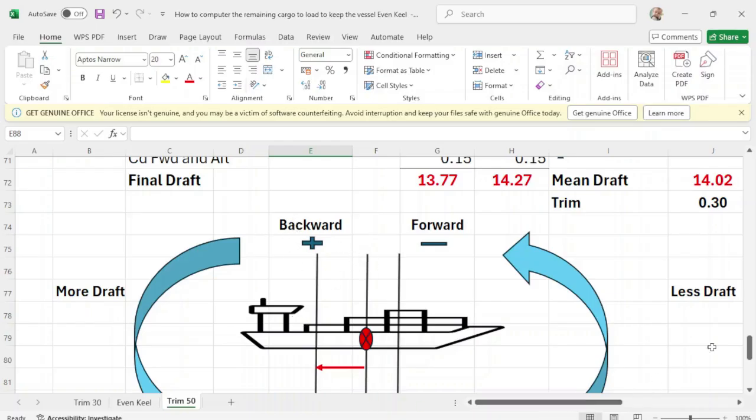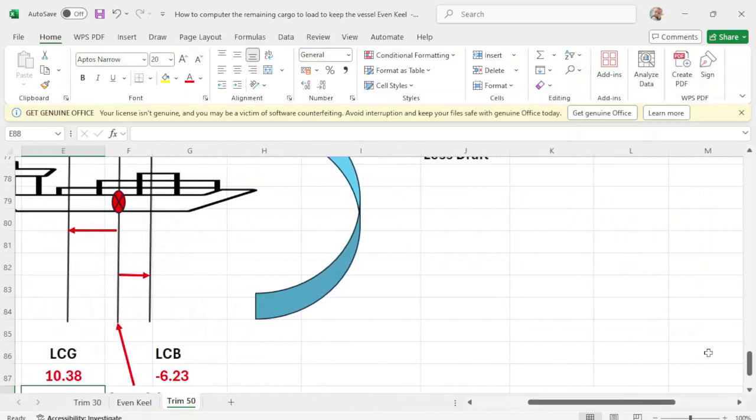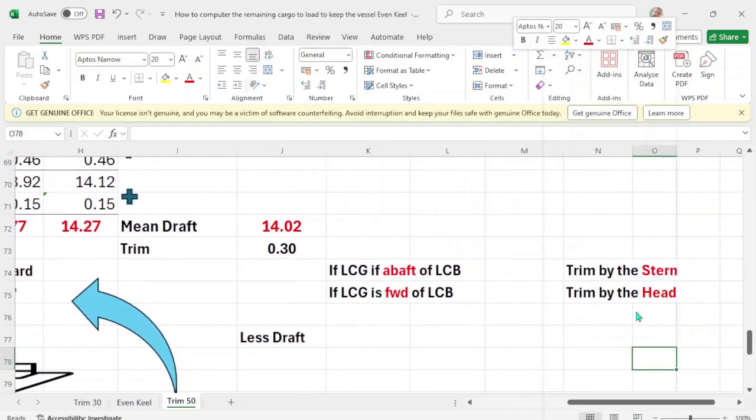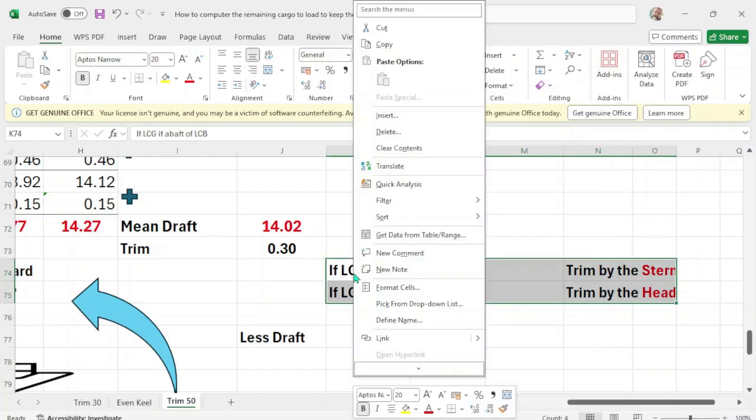So from amidship, you measure 10.38 backward, that will be your LCG. So if LCG is behind LCB, the rule says your trim should be trimmed by the stern. Okay, so we'll put this way so you can see it.